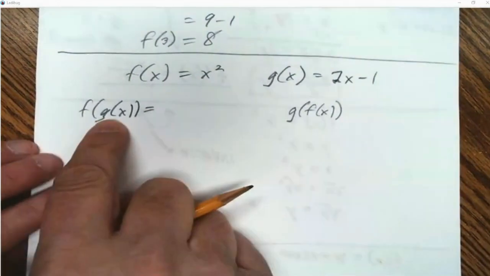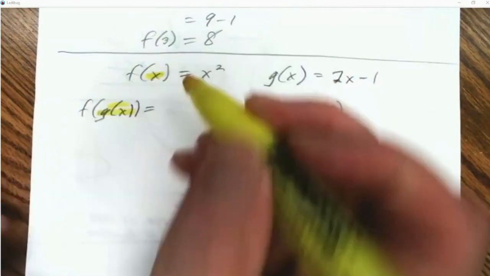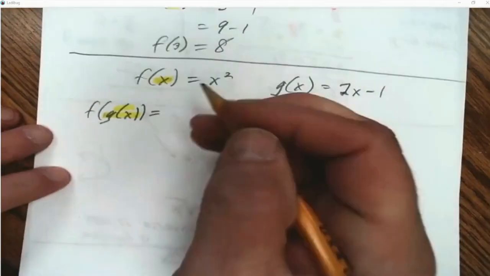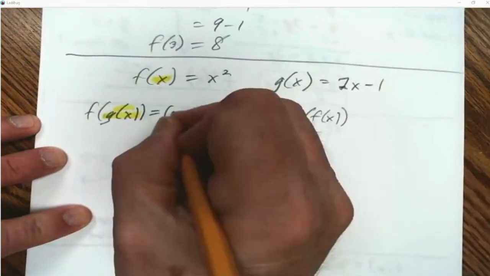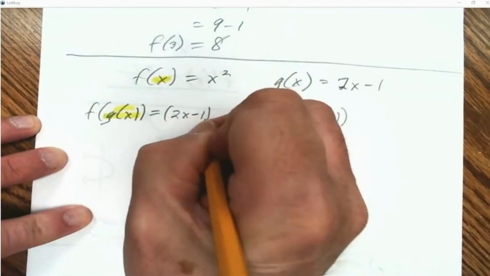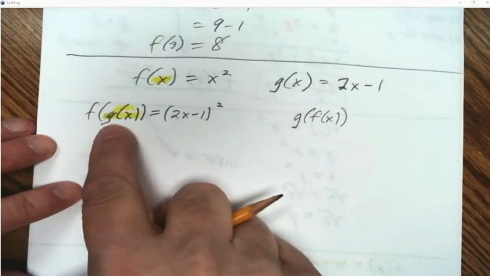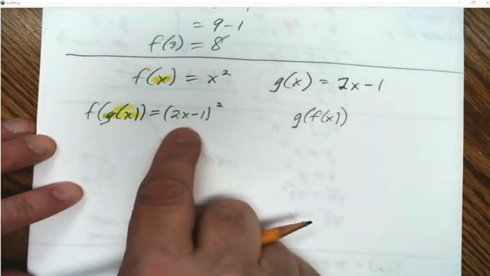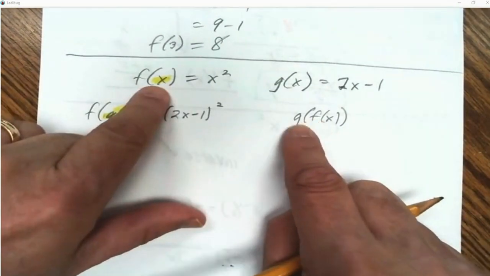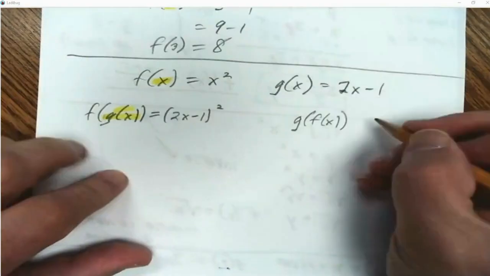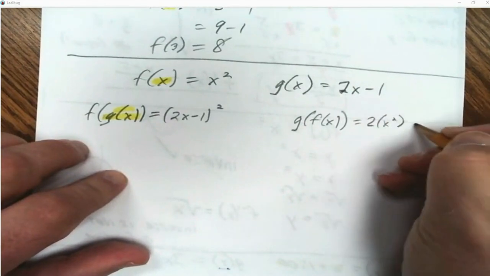So if I take g of x, right? Whatever's inside there is getting substituted for the x. So that means instead of x, it's 2x minus 1, because that's what g of x is, 2x minus 1 squared. So it replaces the x, and it's squared. Over here, I'm taking f of x, and I'm substituting it in. So x squared, 2x squared minus 1.